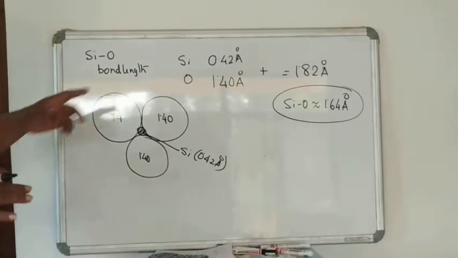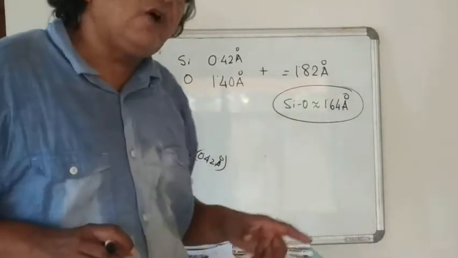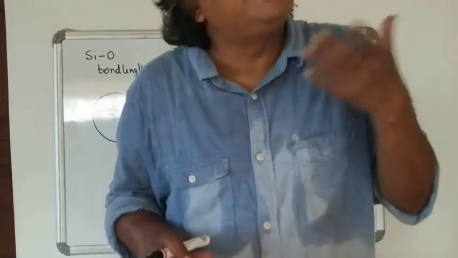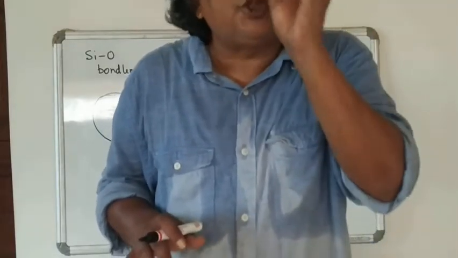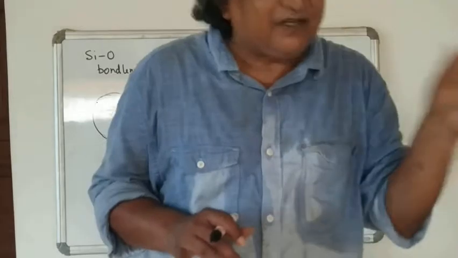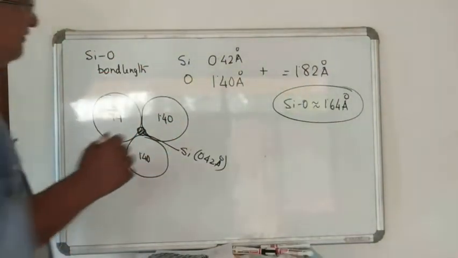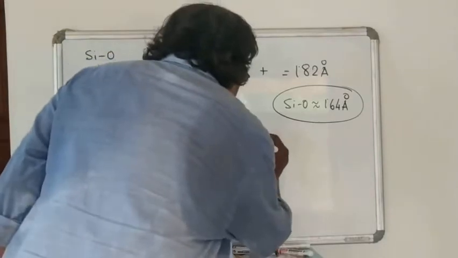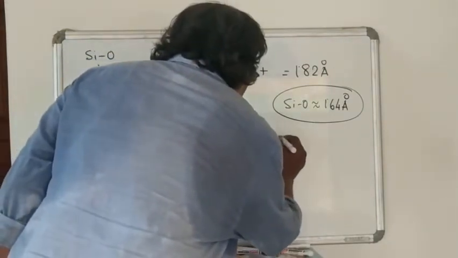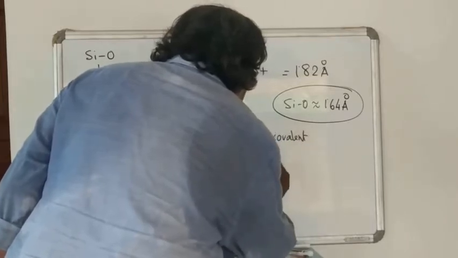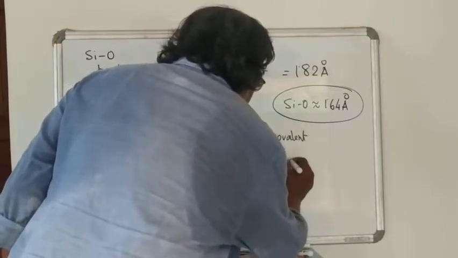So this tells you that the silicon-oxygen bond has strong covalency. Now this covalency, as we will see later, is about 60% covalent and 40% ionic.